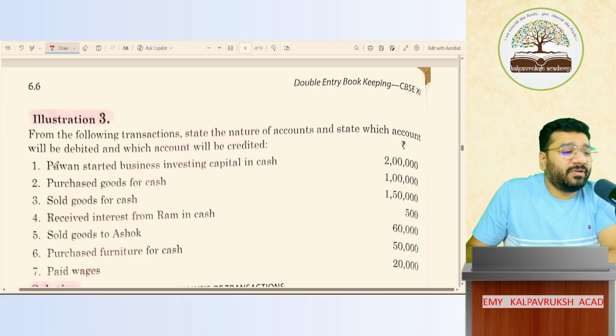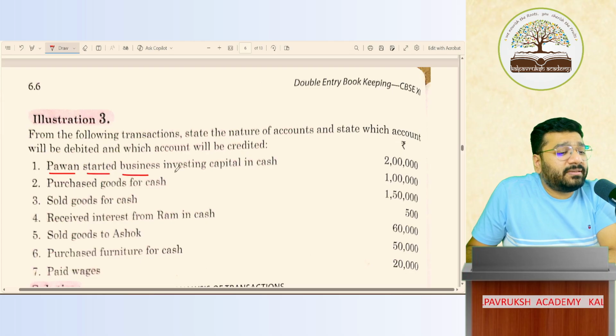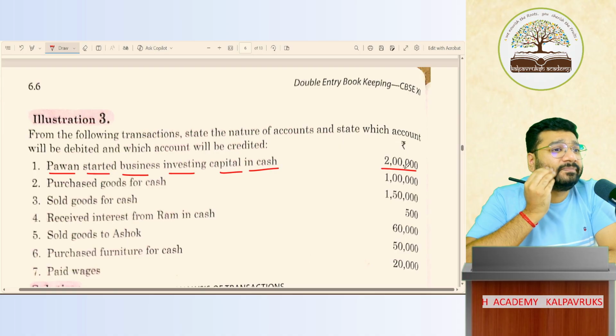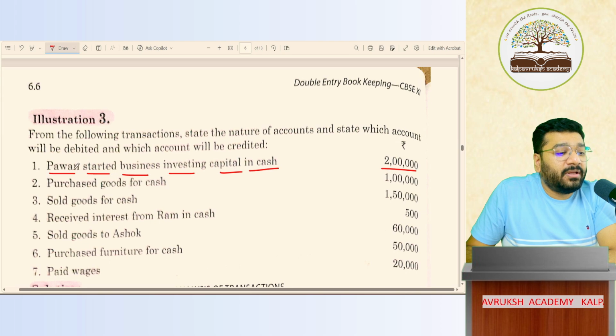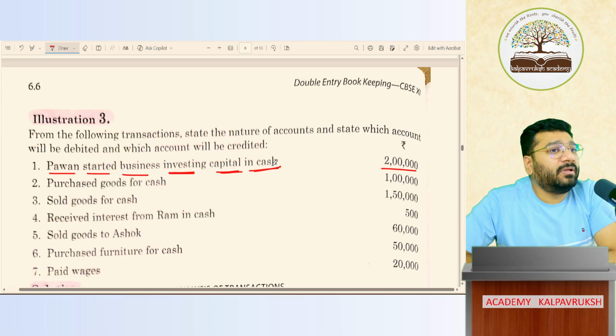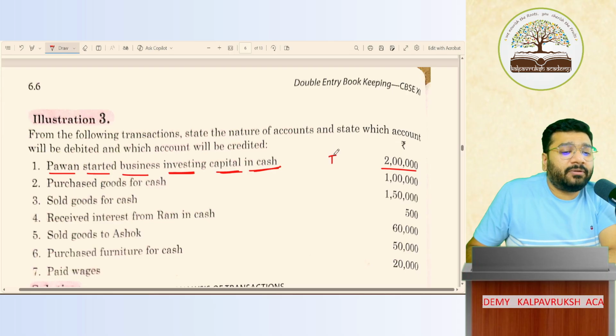Okay, now the first transaction. Pavan started business investing capital in cash, 2 lakh rupees. Who's Pavan? The owner. First of all, is this a transaction or not?